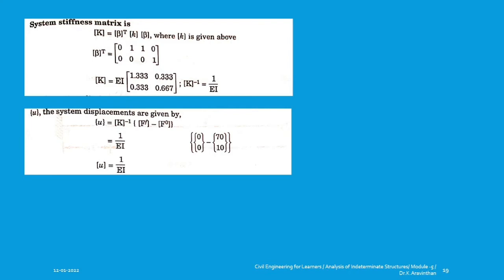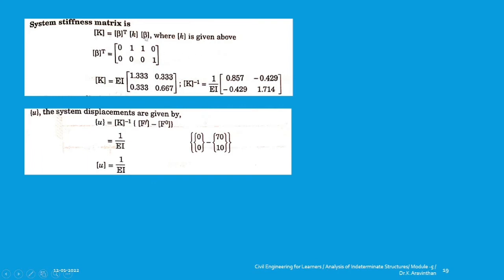What is beta transpose? Which is the beta value you got here, element stiffness matrix into beta. So if you multiply these three components, you will be getting K as 1.33, 0.33, 0.33, 0.67. First you have to multiply beta transpose into k, and that answer you have to multiply into beta.